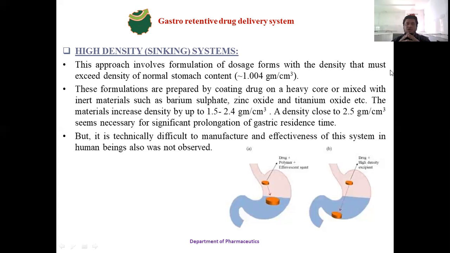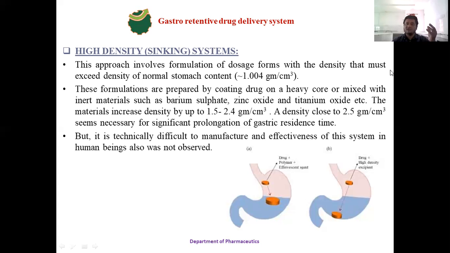So how can we formulate that type of system? In that type of system we use certain substances which have higher density, like zinc oxide, titanium oxide, barium sulfate. We take a heavy core substance and coat it with a drug.